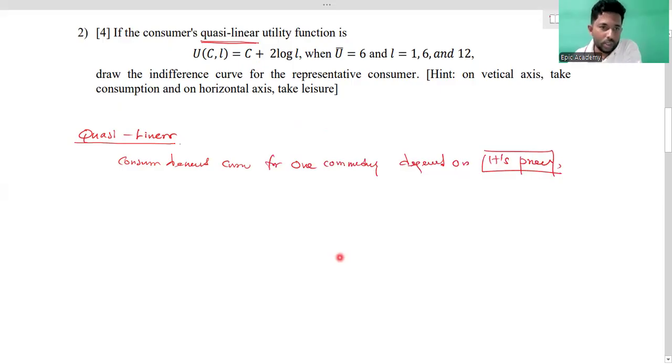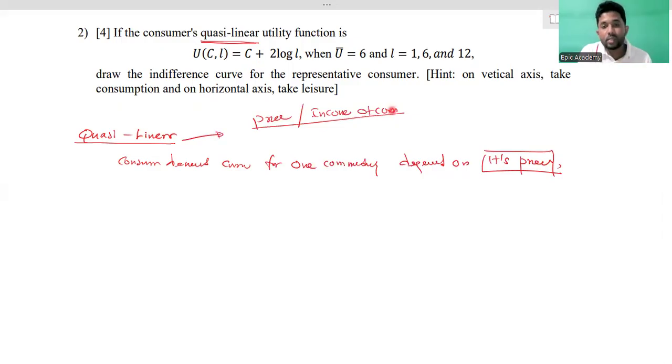But in the actual situation, the consumer demand for any kind of commodity depends on the price of the commodity and the income of the consumer. But here, you are going to assume that the consumer demand depends only on its price. You are missing one part here.